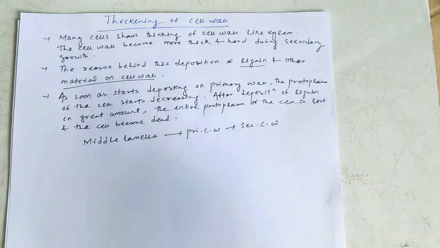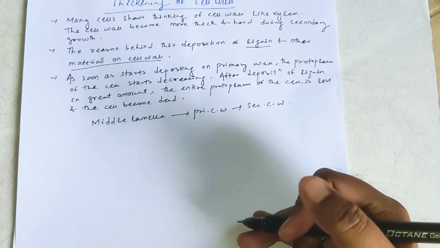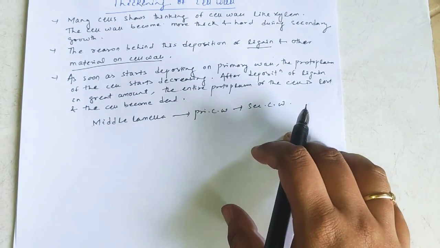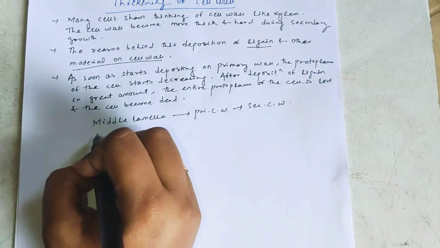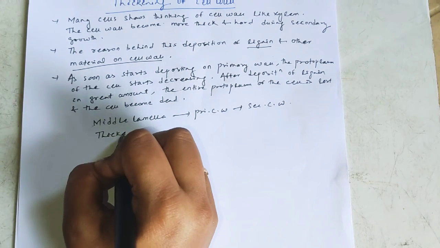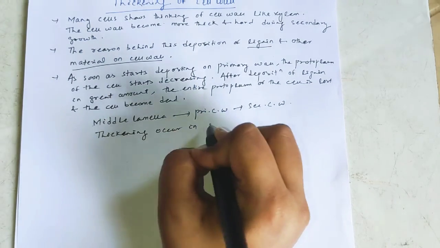Likewise the deposition occurs in the cell wall. So this thickening mainly occurs in 5 steps. Here we can put this point also: thickening occurs in 5 steps.